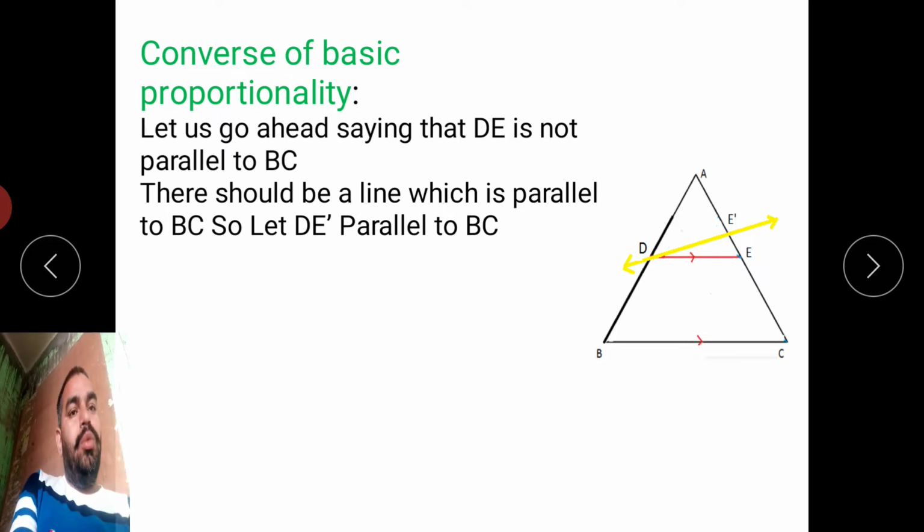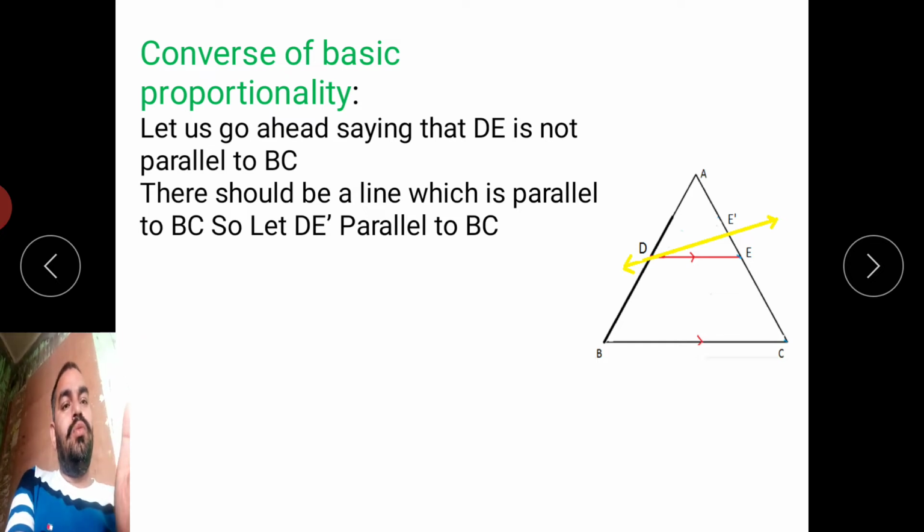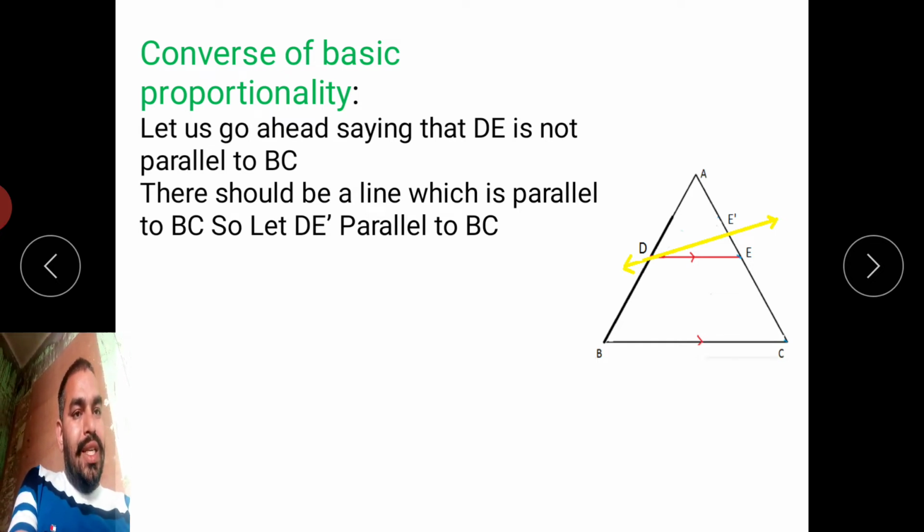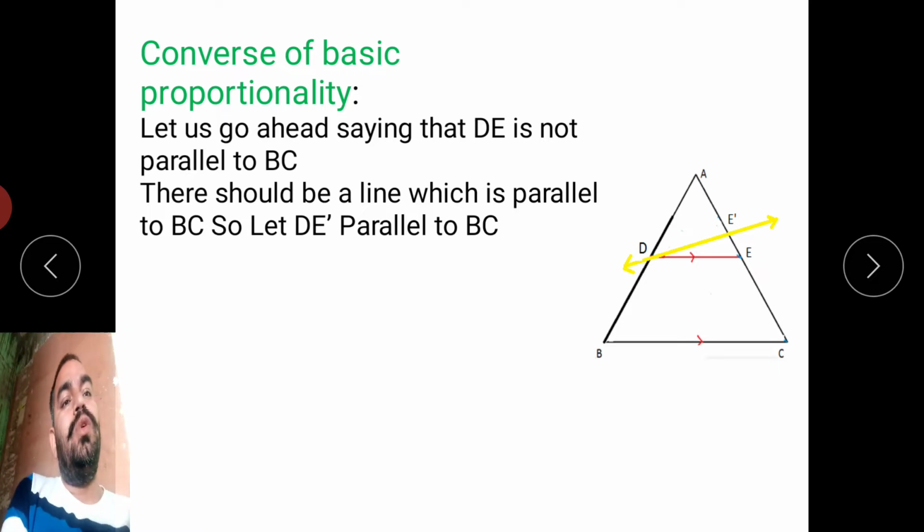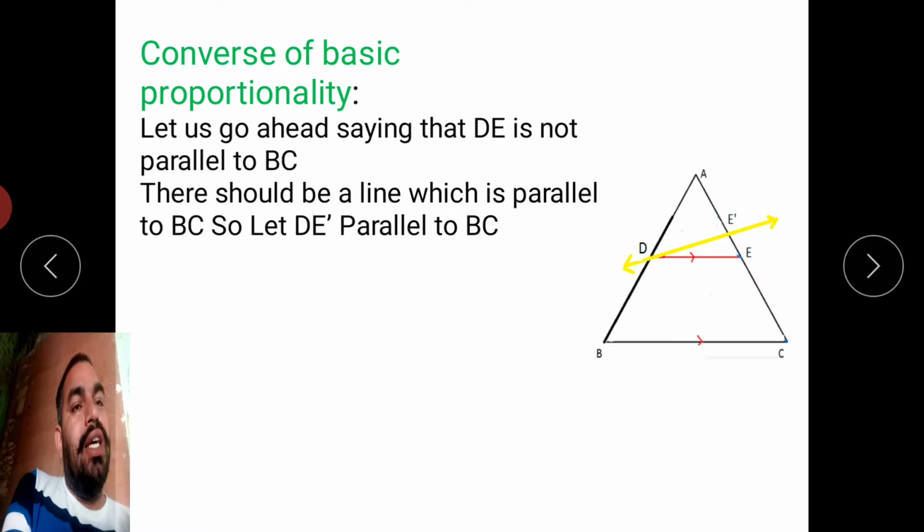You have to remember this point: we are proving the converse of the B.P.T theorem by using contradiction. We have to prove DE is parallel, and we are saying that if DE is not parallel, then DE dash is the parallel. If DE dash is parallel, then by the basic proportionality theorem, a line parallel to the third side divides the other two sides in the same ratio.